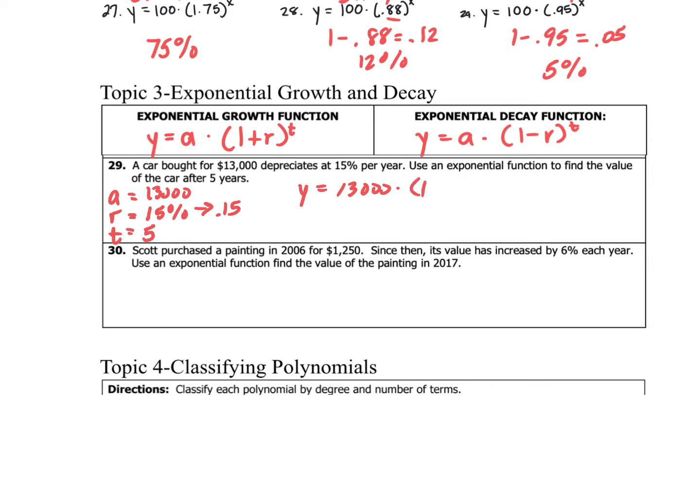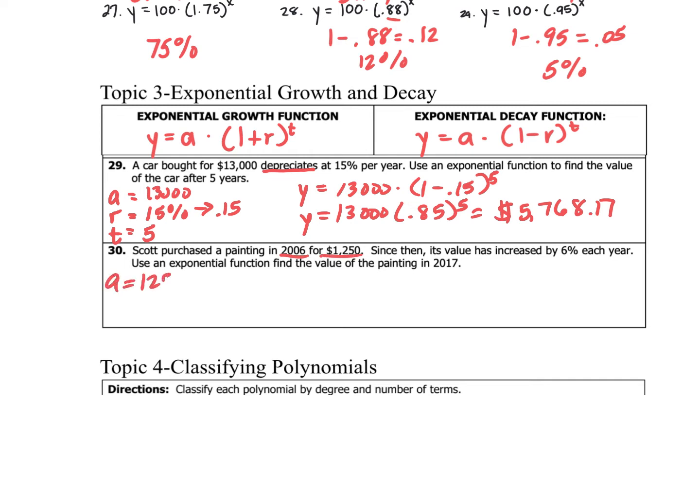Now, since this one is depreciating, we have to subtract 0.15 raised to the 5th power. So that's 13,000 times 0.85 raised to the 5th power. And when you do that, you get $5,768.17.